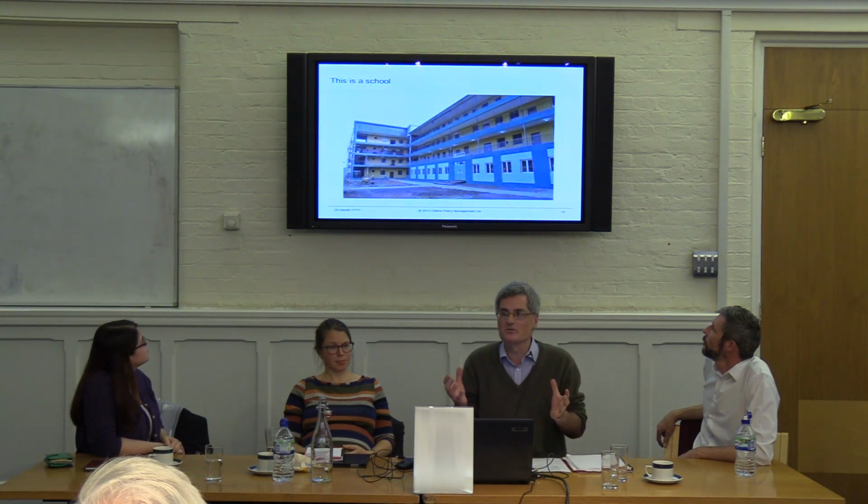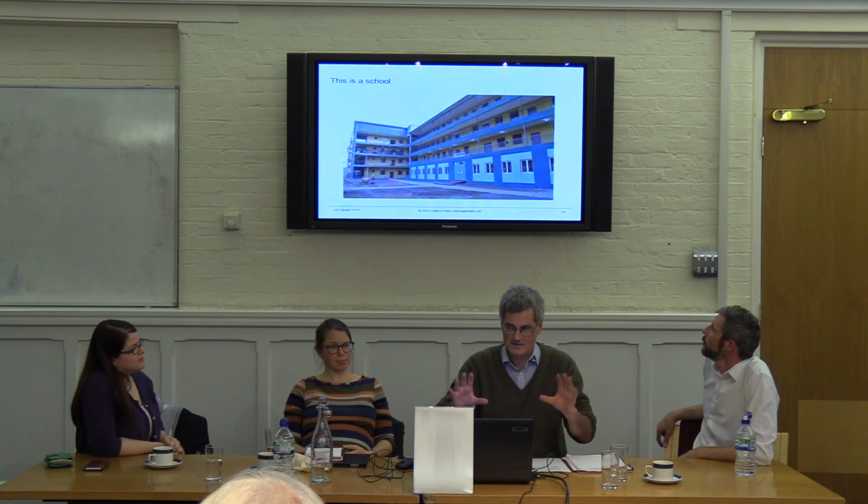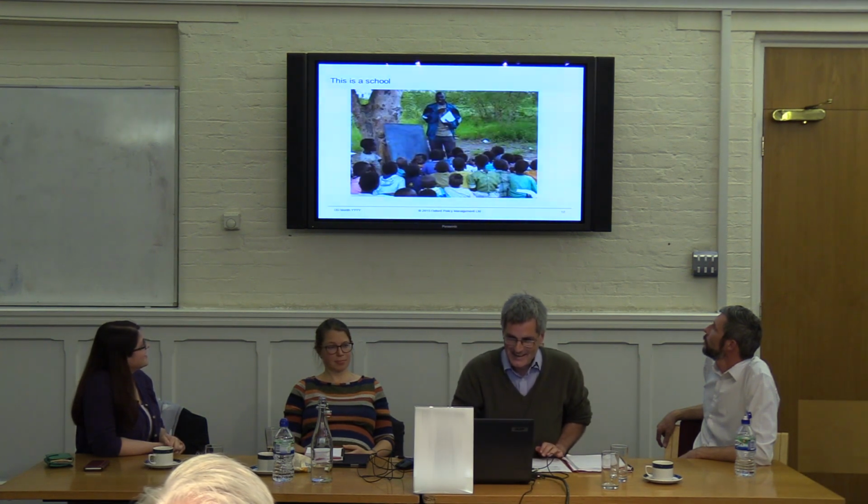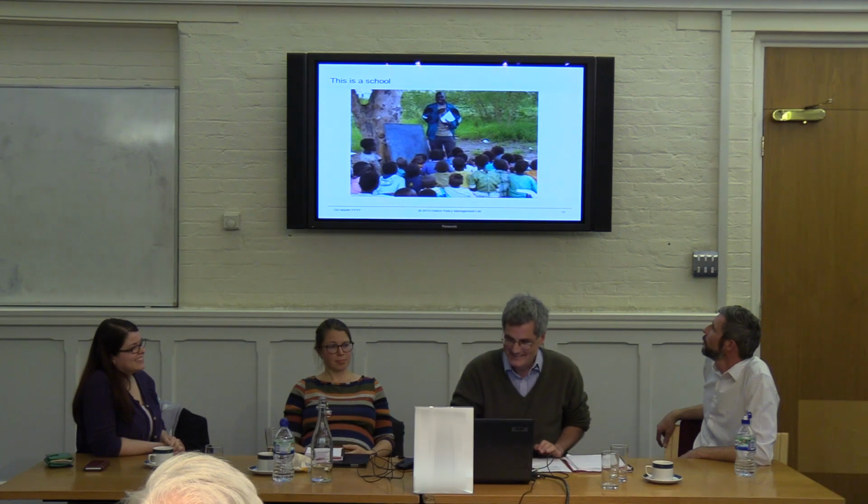And there are many different things which are all called schools. So this is a school, and this is in fact Queen's School in Lagos. This is also a school in Lagos. And so is this. And so is this.